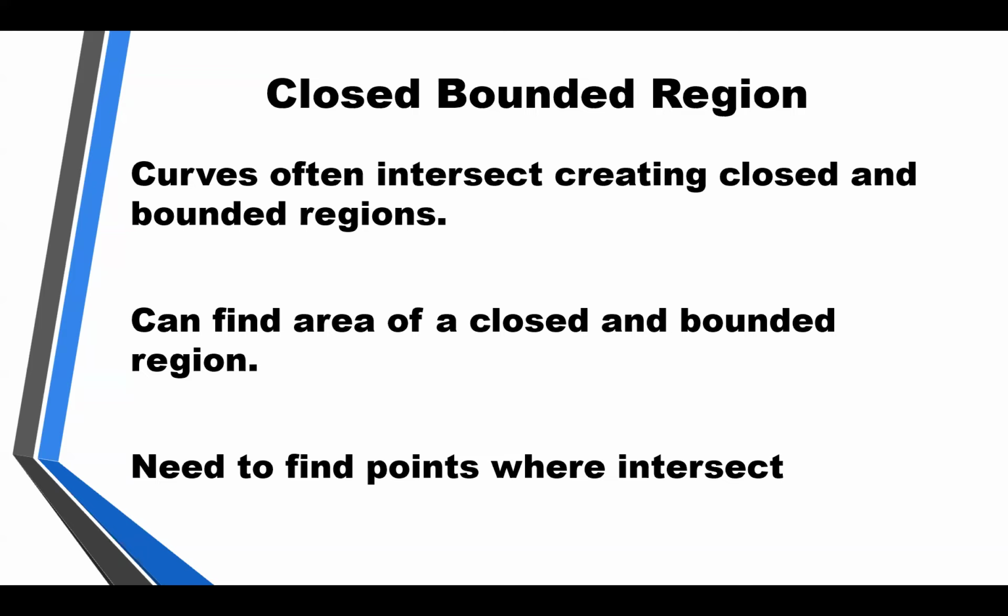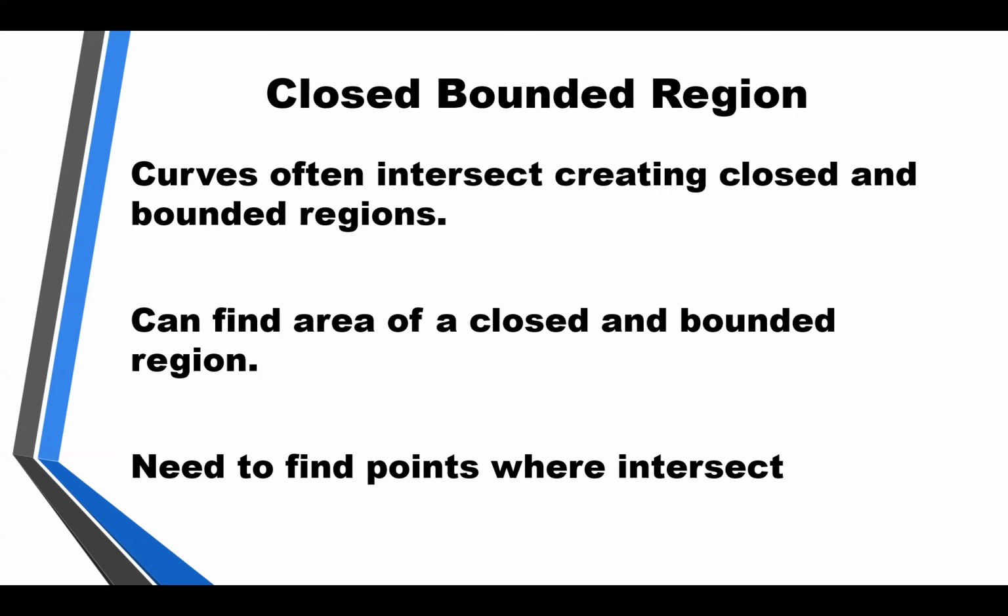So what I mean by closed and bounded is a finite region of a finite area that's entirely enclosed by the curve or by the curves. So there's multiple curves here. So we would like to find the area of a closed and bounded region.